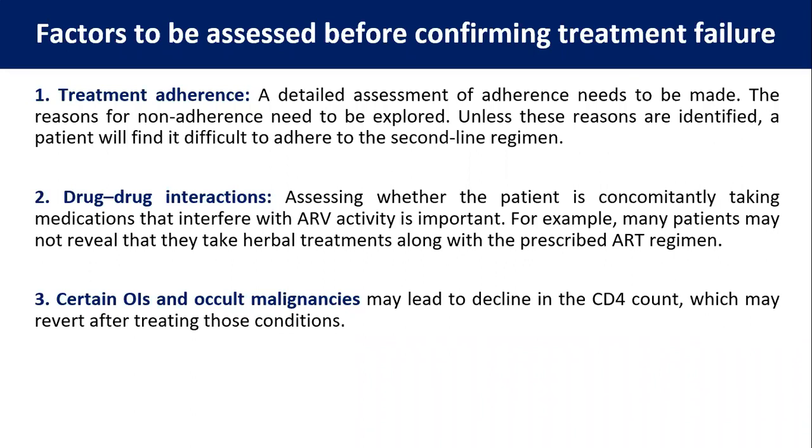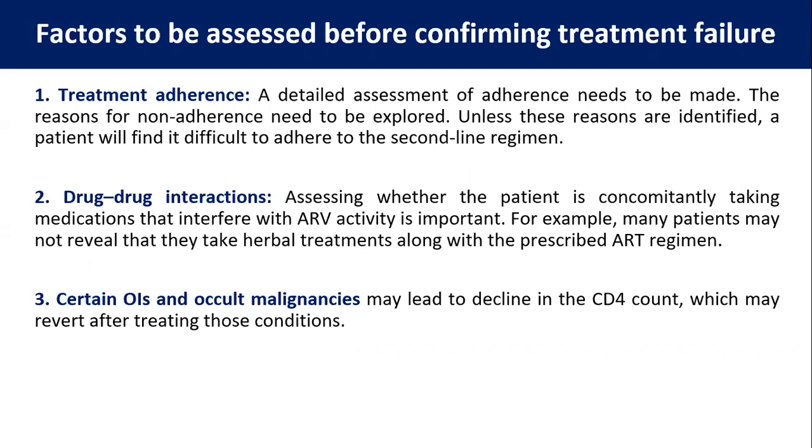Before we say that the person has actually failed on an ART regimen, there are certain important areas that we need to investigate. Say, for example, treatment adherence. A detailed assessment of adherence needs to be made. The reasons for non-adherence need to be explored, and unless these reasons are identified, the patient will find it difficult to adhere.